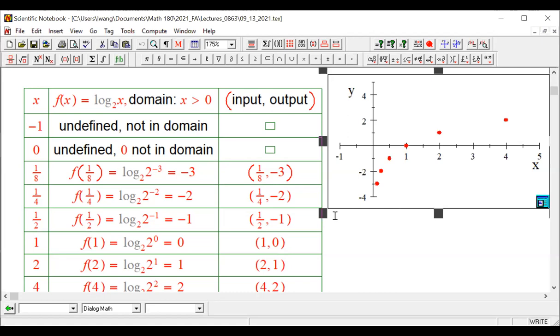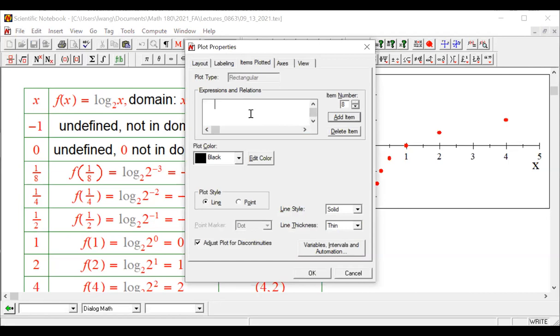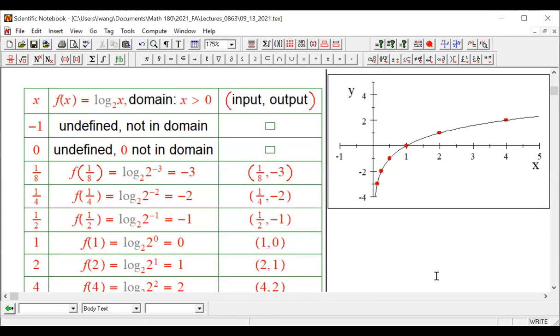I didn't do the 16 input. Okay, you can ignore that. Okay, now shall we connect the dots? Log base 2 x. That's the log base 2 curve.